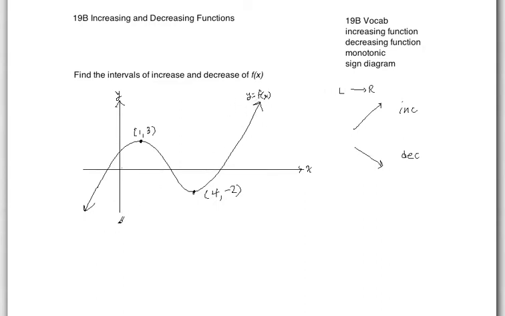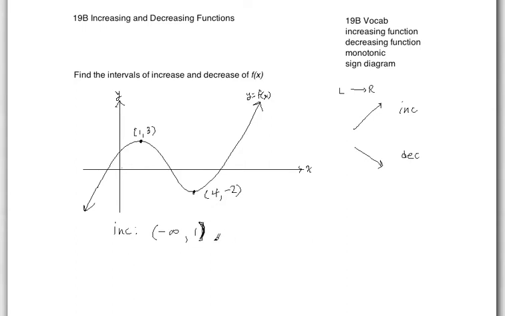Let's go ahead and define those intervals. We could say it's increasing on the interval, using interval notation, negative infinity to 1, including 1, and you could leave this as an open endpoint. It's not terribly important right now, but let's leave that open for now.